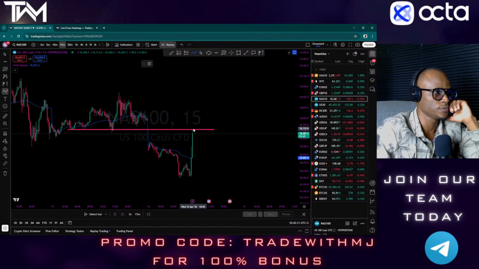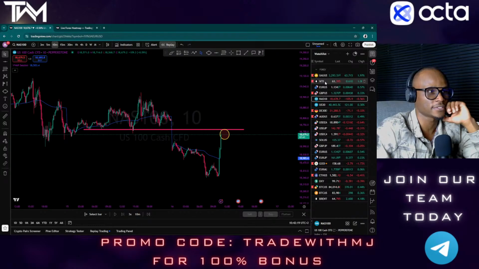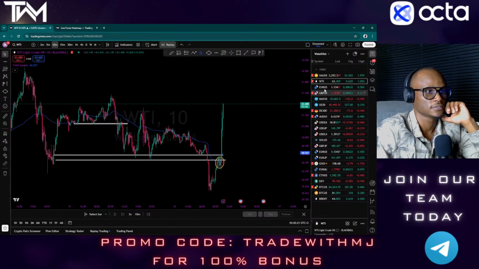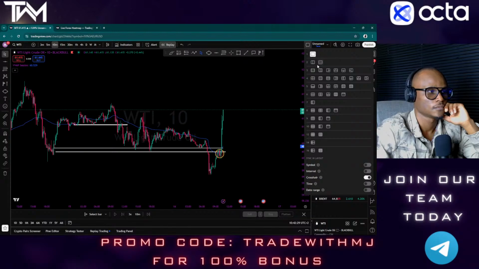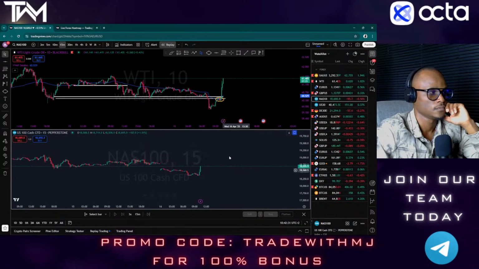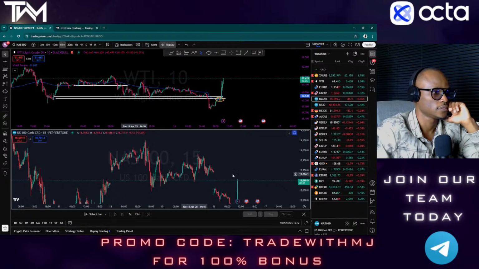One would think, should we sell here? Absolutely not. I'm going to look for buying orders around this area here. More or less, this setup is the same setup as WTI. Let me put it in like this so that I can show you the difference. I'm going to put NASDAQ below here.